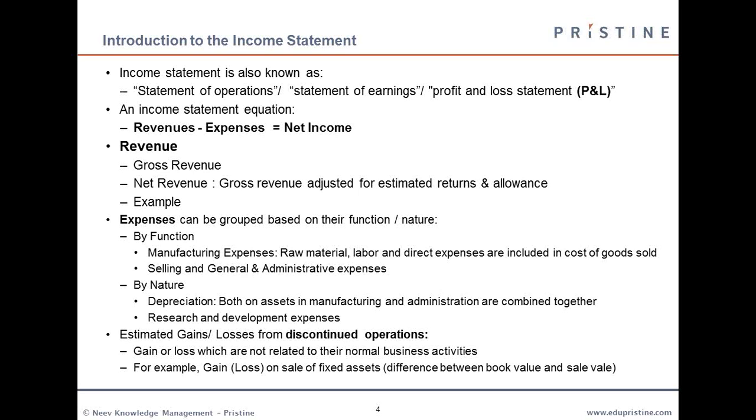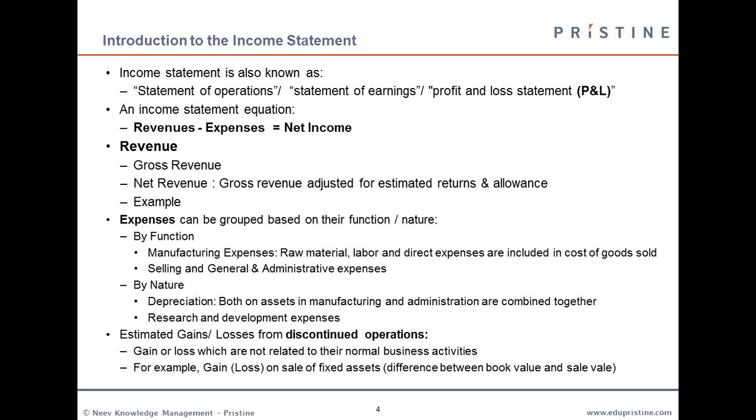Suppose you have a salesperson who bought a ticket from somebody at say $9,000 and then he sold to somebody else at $10,000. Then in gross revenue, he'll report 9,000 as his expenses, 10,000 as his revenues, and the remaining 1,000 as his net income or profit.